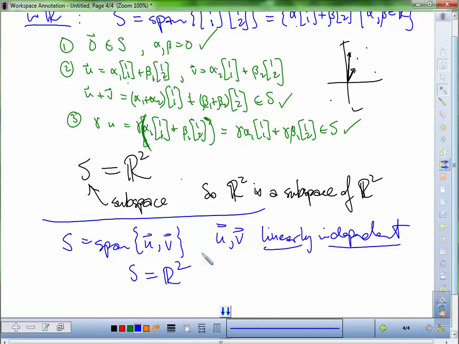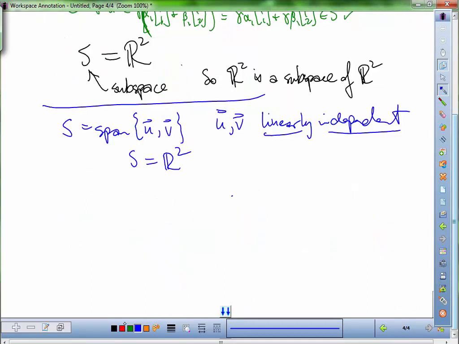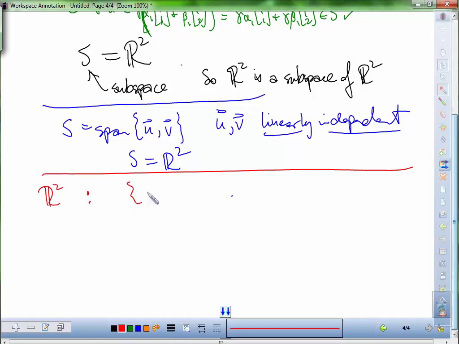So they're either a zero-dimensional subspace. So our conclusion here for R2, let's conclude this already. The possible subspaces: if you have the zero vector, that's a zero-dimensional subspace of R2.